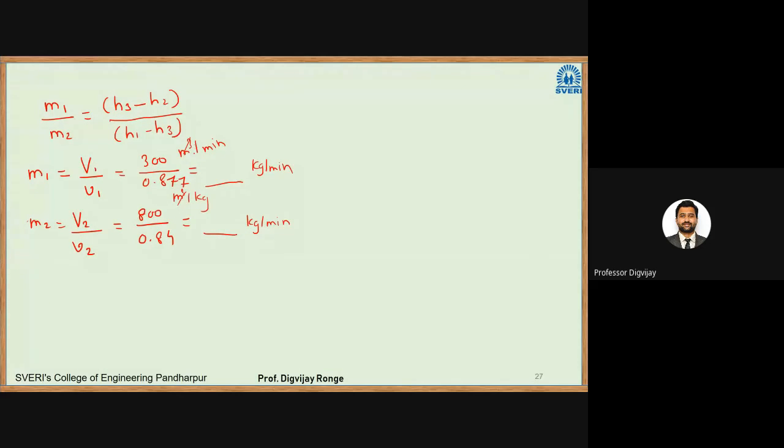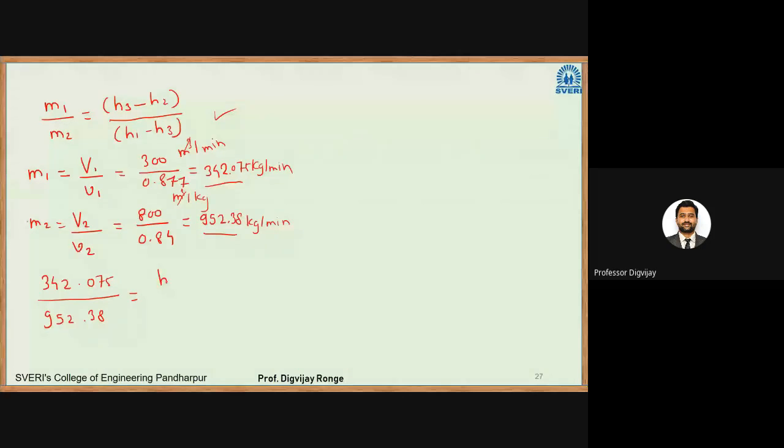Okay, so I'll take that value M1 as Rohit has calculated, 342, and M2 has calculated 952.38, and this is 0.075. Okay, so I'll put these values in this expression. So this will come to like 342.075 divided by, is equal to, now H3 is unknown, so I will leave it as it is.